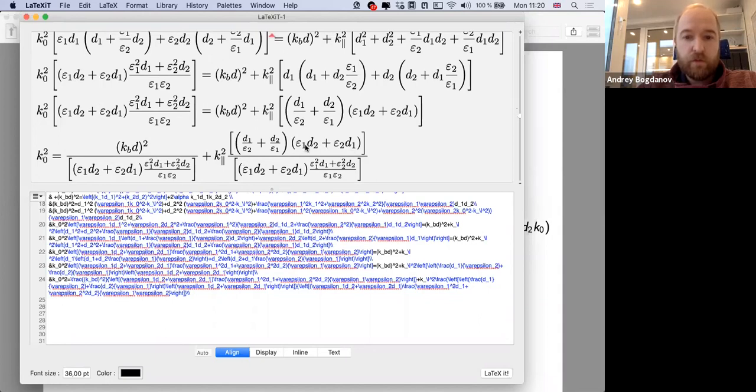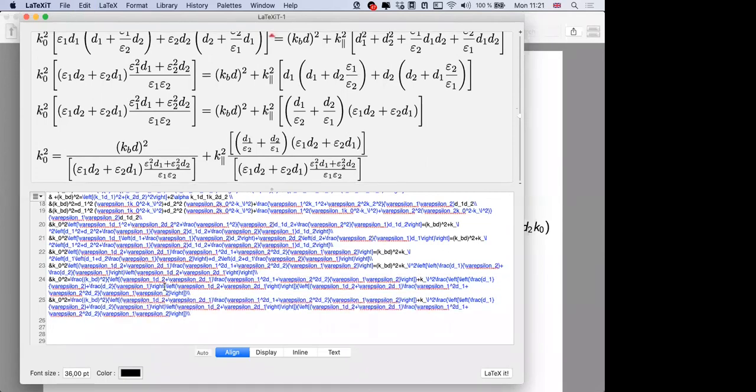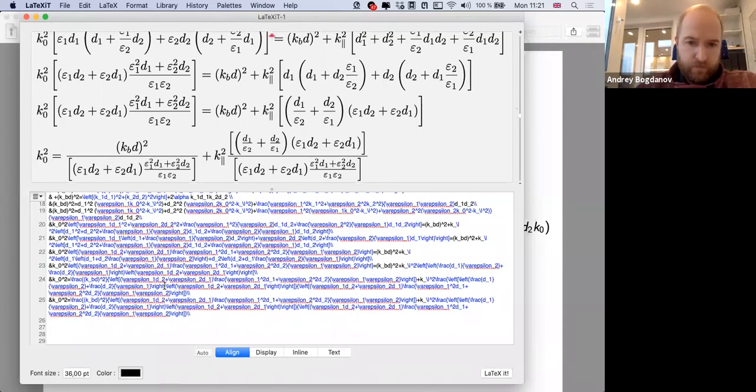And here we see that this term cancels out, epsilon 1 d2, epsilon 2 d1 with this term, yeah? Okay. Let me do this. And let me a little bit simplify this expression also.